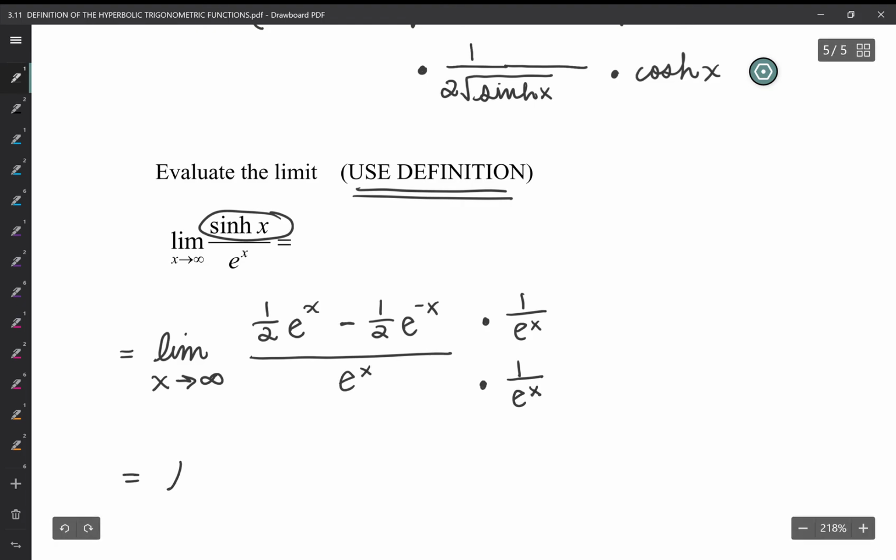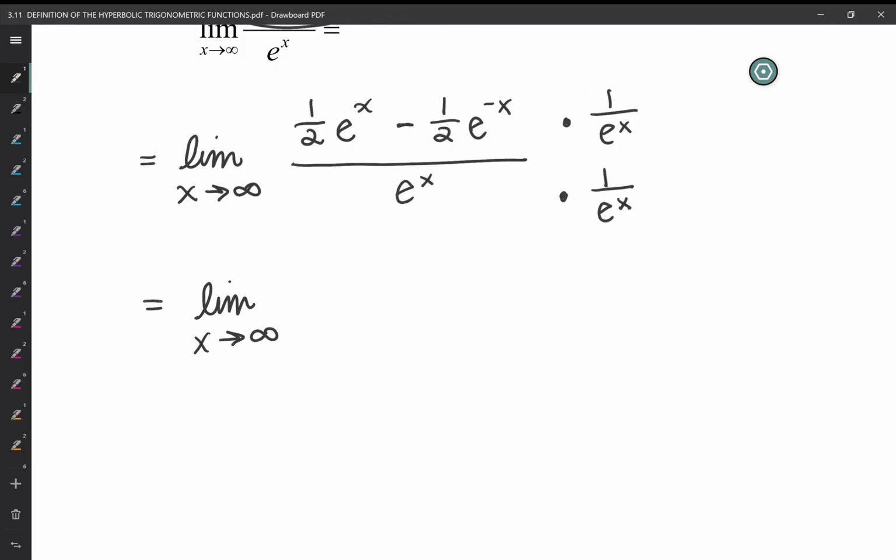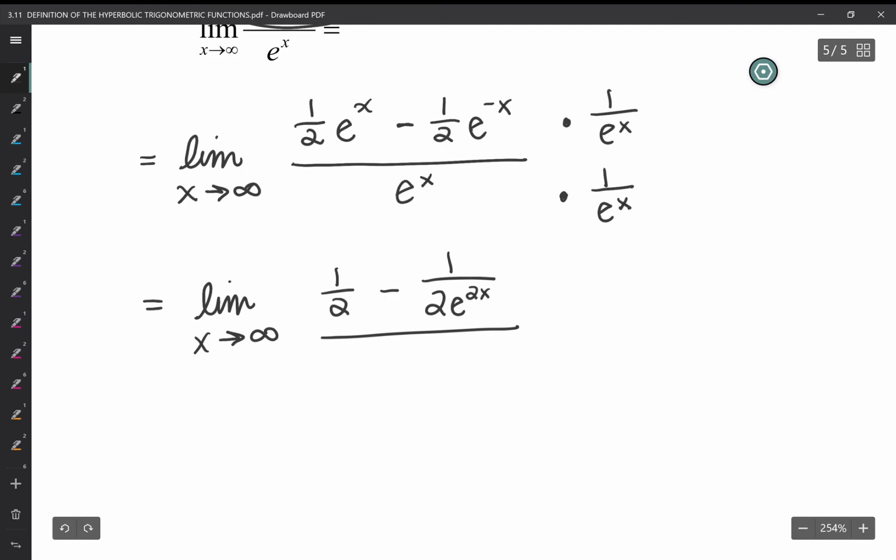So this will be equal to the limit as x approaches infinity of 1/2 e to the x times 1 over e to the x will be equal to 1/2, minus 1/2 e to the negative x times 1 over e to the x will be equal to 1 over 2 e to the 2x, and then e to the x times 1 over e to the x is just equal to 1.